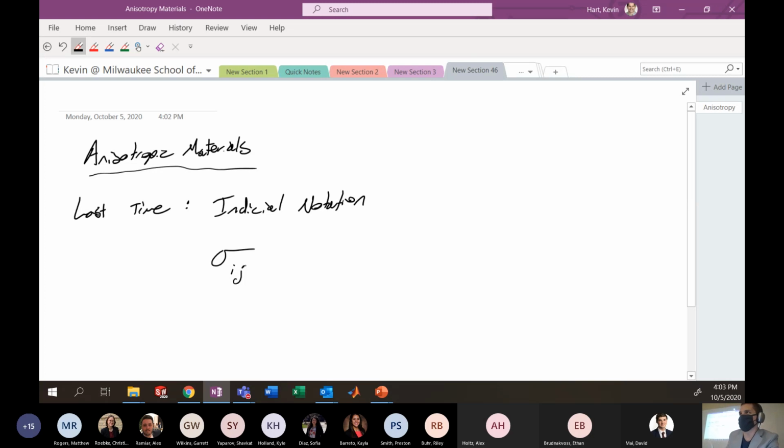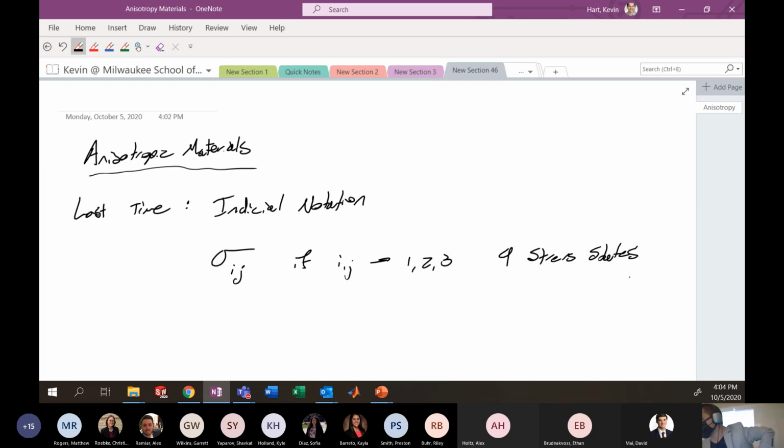You've probably seen something like this before, and this is useful in representing multiple stress states. If i and j go from 1 to 3, then this is 9 stress states: sigma 1,1, sigma 1,2, sigma 1,3, et cetera. We all understand that.